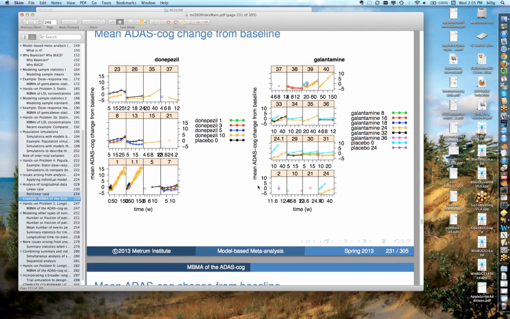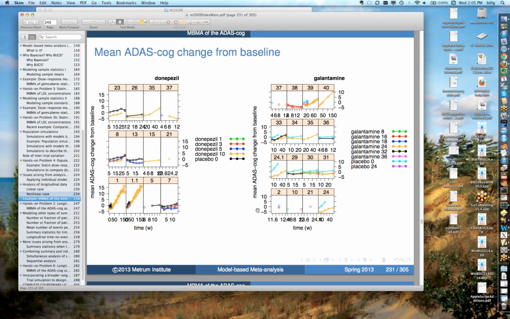The way I'll look at it here is much like an example we did before where we didn't have longitudinal data: we're going to look at comparative efficacy in this case. I'll use donepezil 10 milligrams per day as our reference.